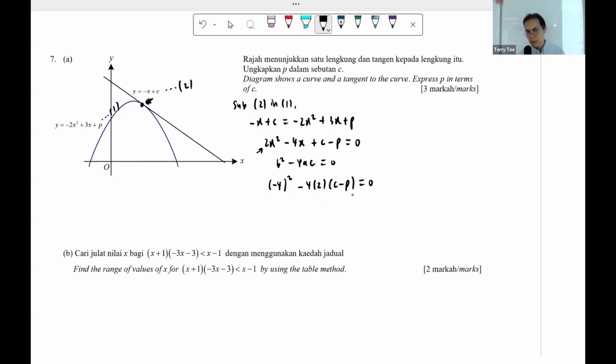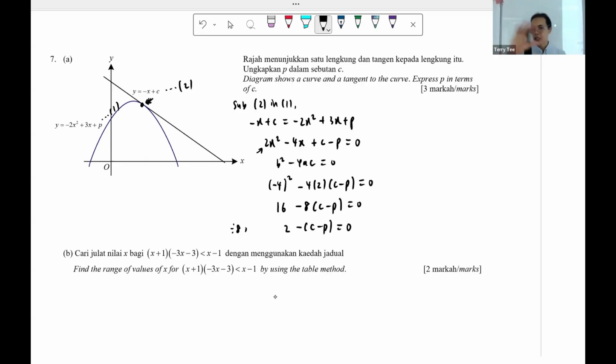Now, I know a lot of people tend to multiply inside. You can, but I like to simplify further. Negative 4 squared, 16. 4 times 2 is 8. (c minus p), I prefer to divide by 8. Make the number smaller. 2 minus (c minus p) equals 0. Understand this?